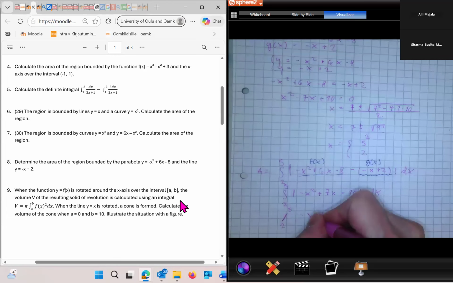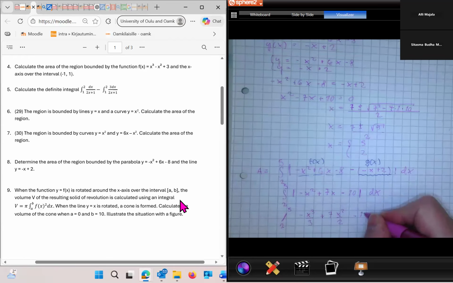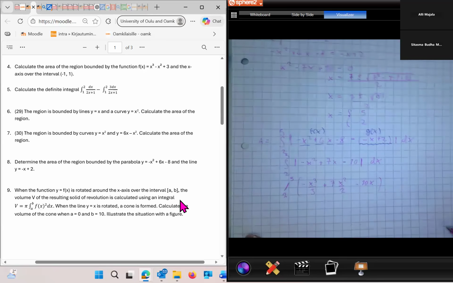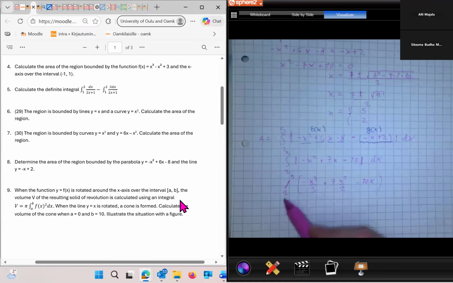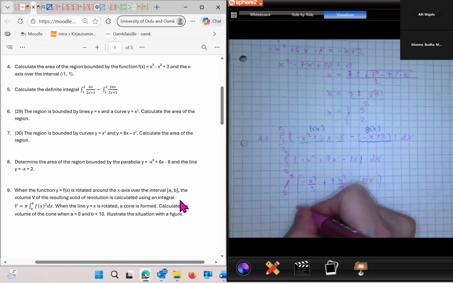So I have 3, and then I have this. And then I can start putting the values where the x is. So I have to put the end of the first.